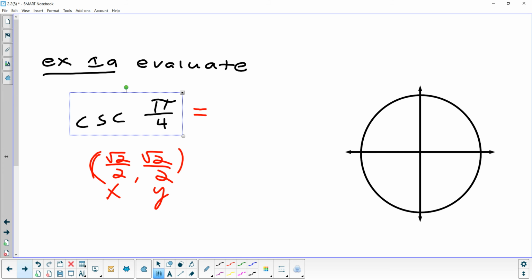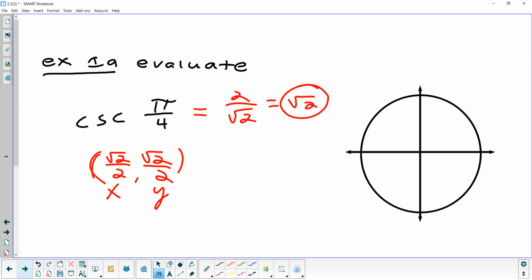So if we take y and we flip it, okay, we get that. And Dawn, if I clean that up, what does that turn into? Square root of 2. Yep, it's going to turn into 2 times the square root of 2 over 2, which is just square root of 2. And that's it. So that's what the test problems are going to look like.